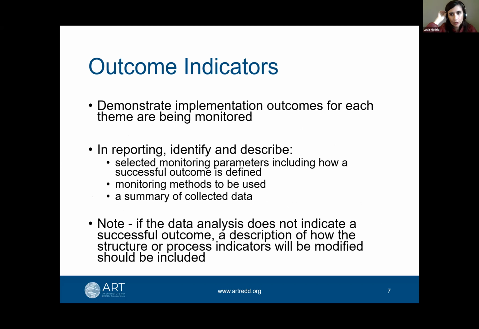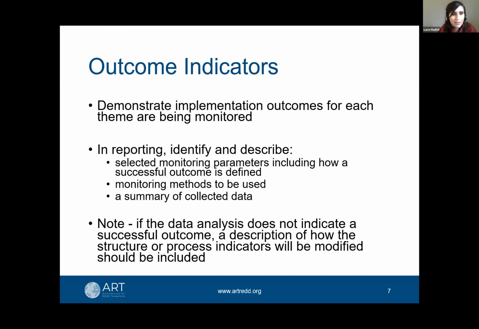For the outcome indicator for all of our 16 themes, participants will need to identify and describe the selected monitoring parameters, including how a successful outcome is defined, monitoring methods to be used, and a summary of collected data.